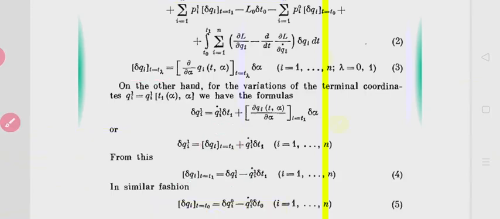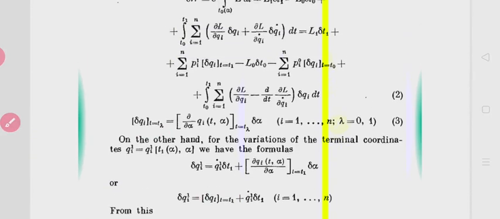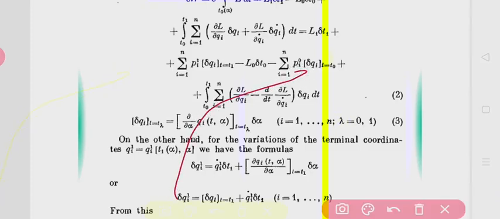Now this value you have to place over here: delta q_i1 over here, and delta q_i naught, what was below, you have to place over there.